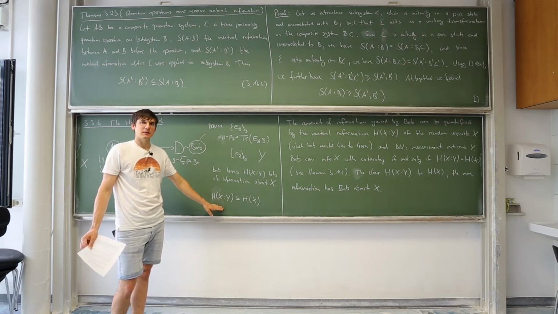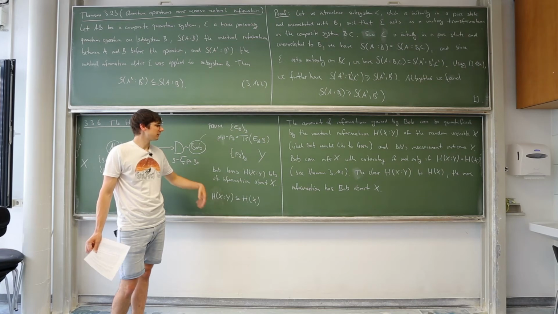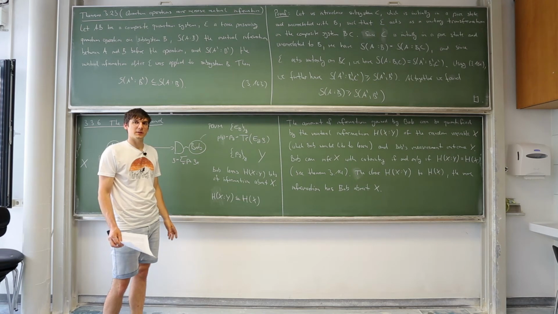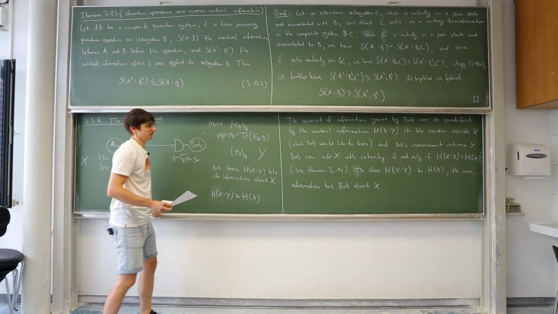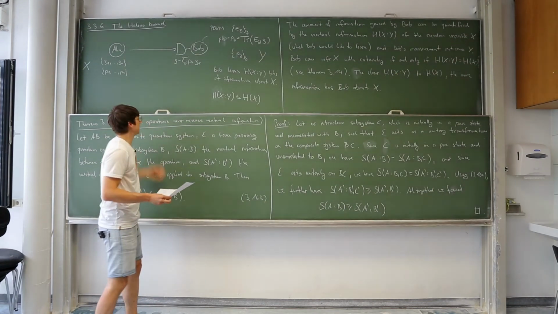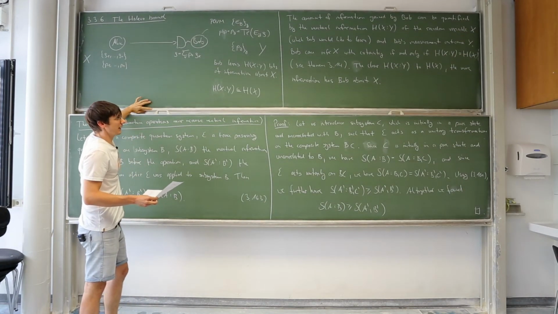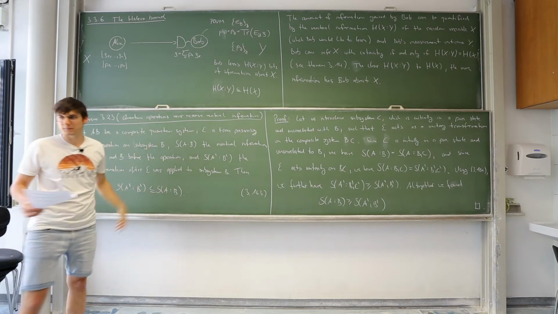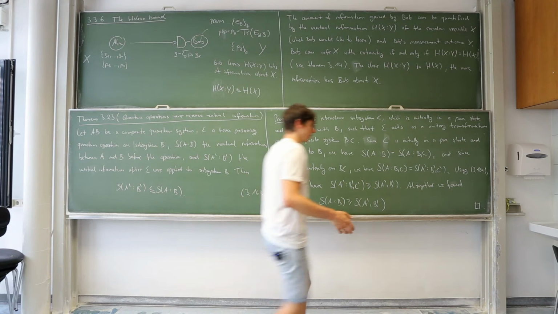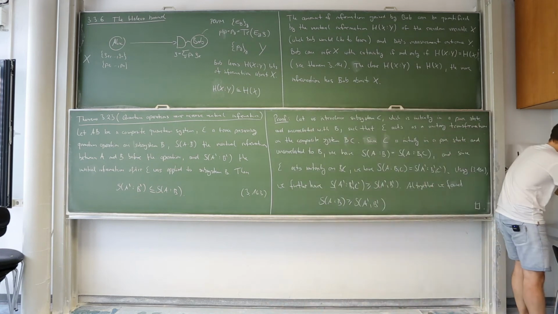And this maximum of information is the so-called accessible information, okay? We define this now, Bob's accessible information, as the maximum of the mutual information with the maximization over all possible POVMs.